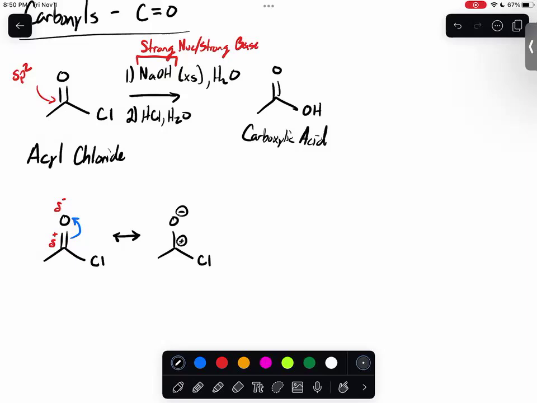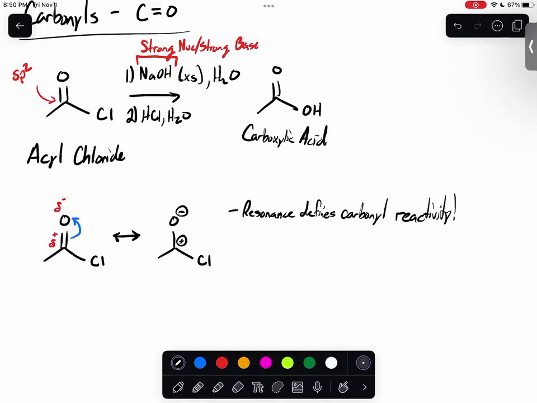Just like all other types of resonance, resonance here actually defines our carbonyl reactivity. This is going to be a trend you're going to see with carbonyls. They have this partial positive charge that's pretty good.